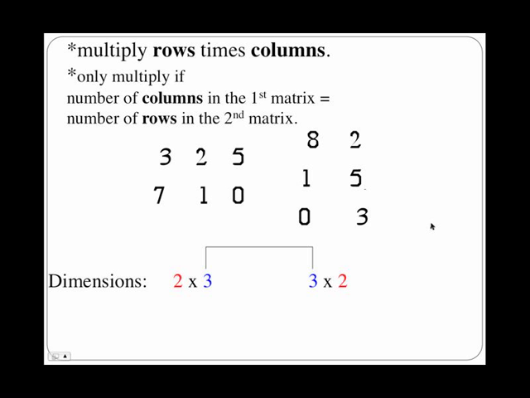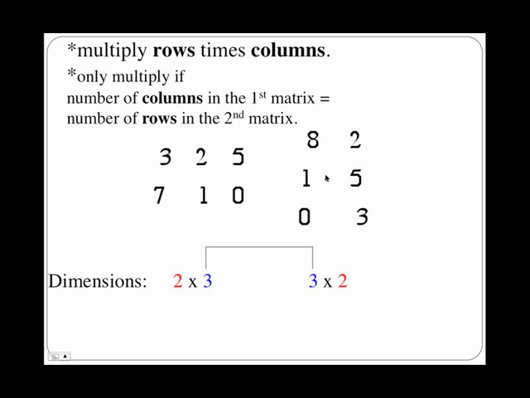But anyway, the point of this is that the first matrix here is a 2 by 3, and the second matrix is a 3 by 2. Together, we can multiply them because the number of columns in this matrix is equal to the number of rows in this matrix. And that's important.